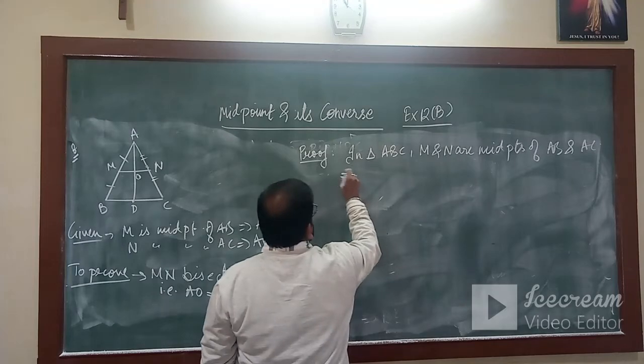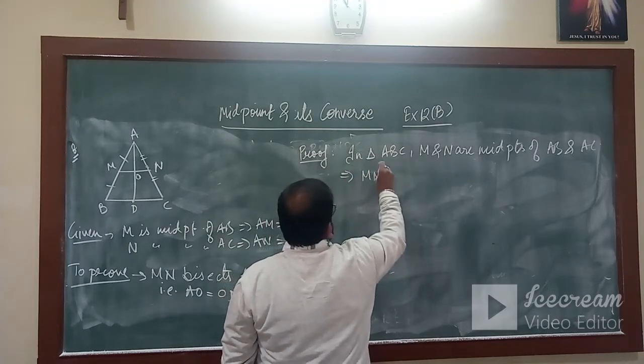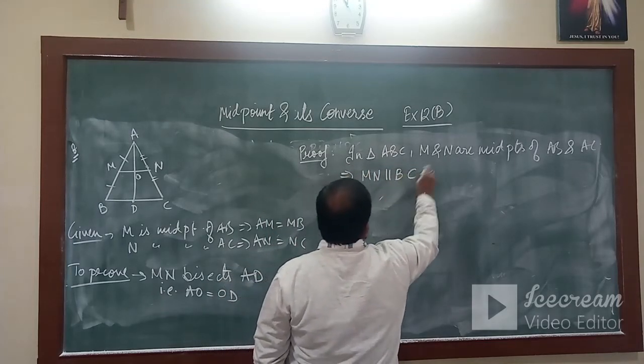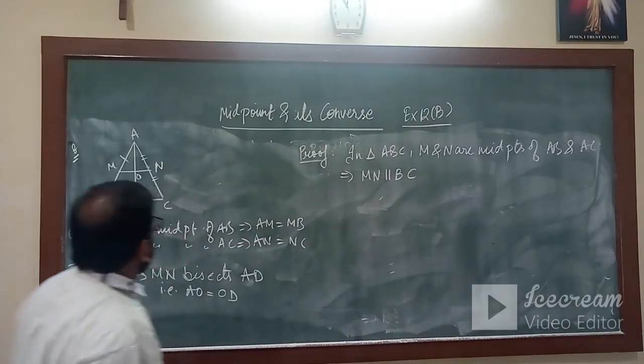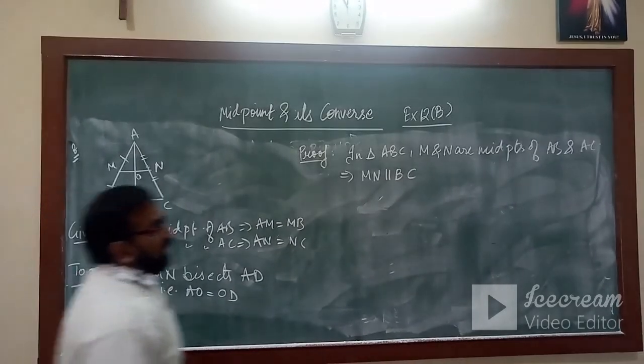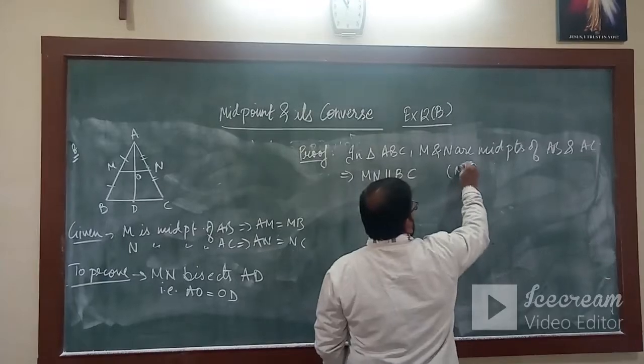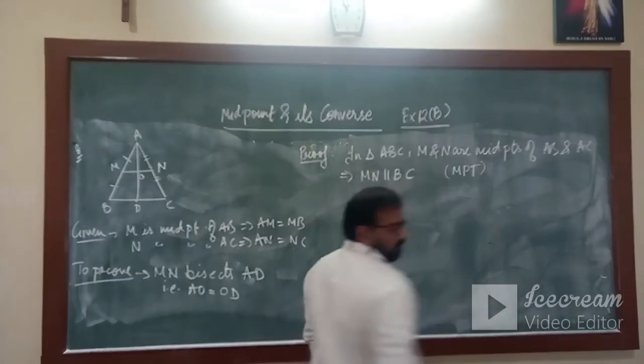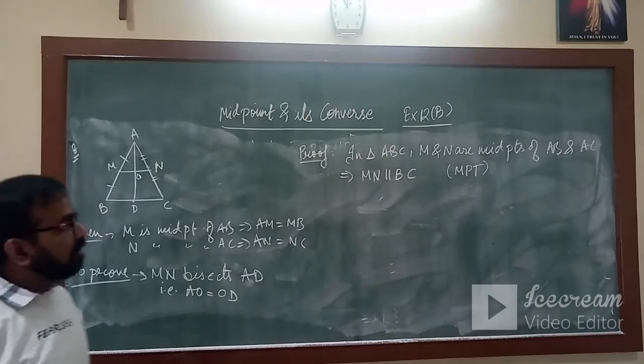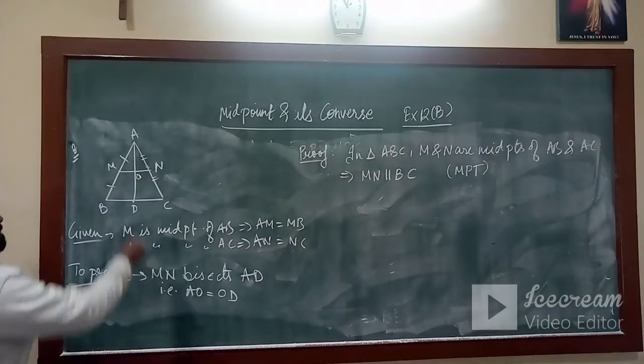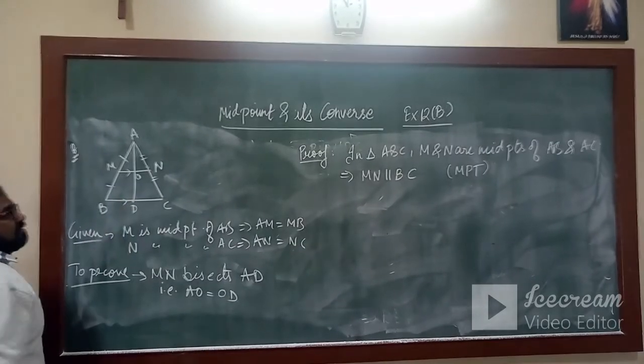So that means MN is parallel to BC. Okay. By midpoint theorem. So we have proved that this line is parallel to this line.